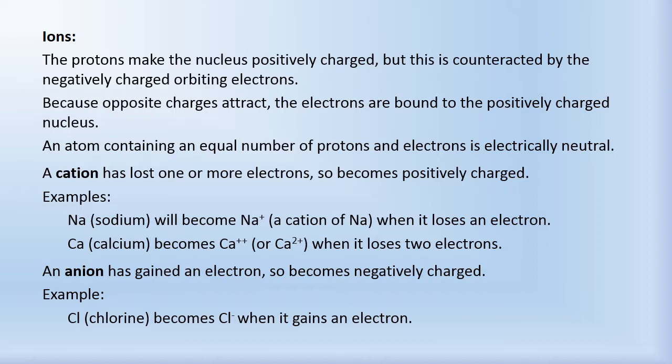Chlorine becomes Cl- when it gains an electron. Of course, it can't lose a proton, but it can gain an electron to make it more negative. And again, notice the symbol. We've got Cl for chlorine and a little minus to indicate that it's an anion.